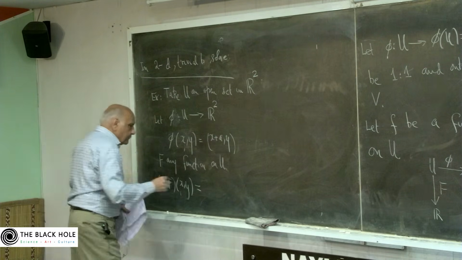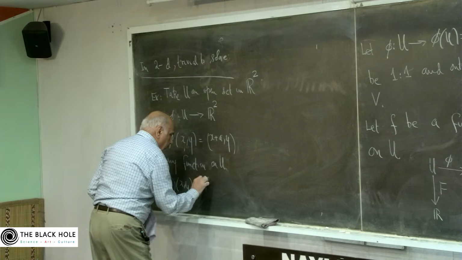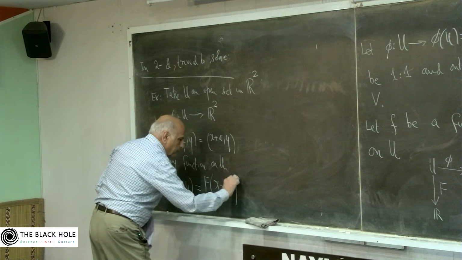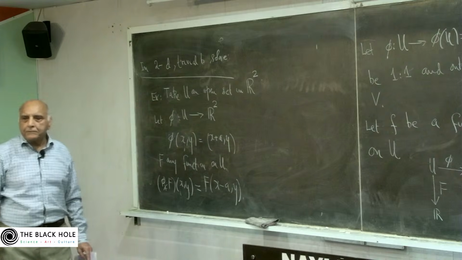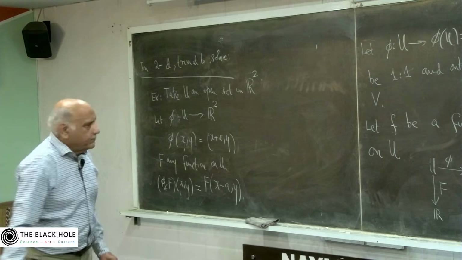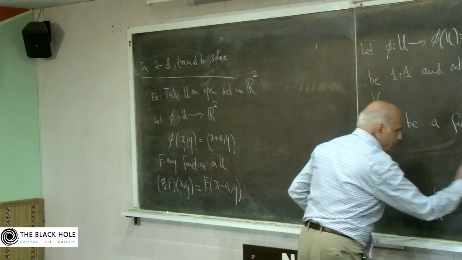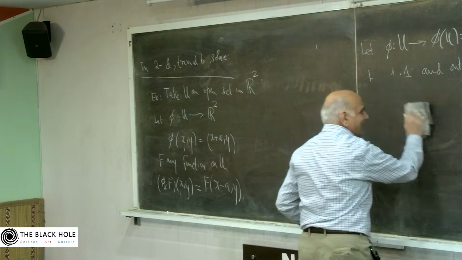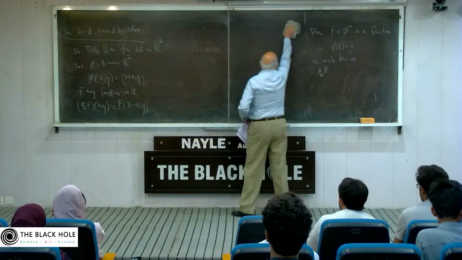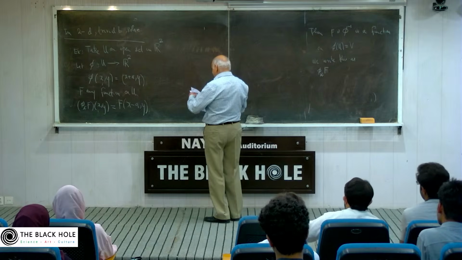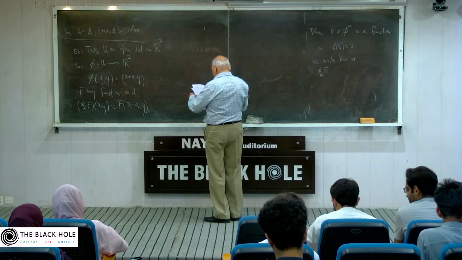So this is f of (x minus a, y). Okay. So completely trivial, but you will see it is in some sense the most important also.